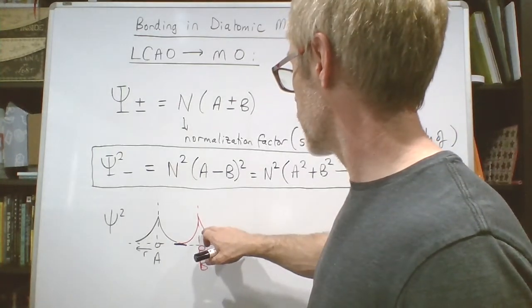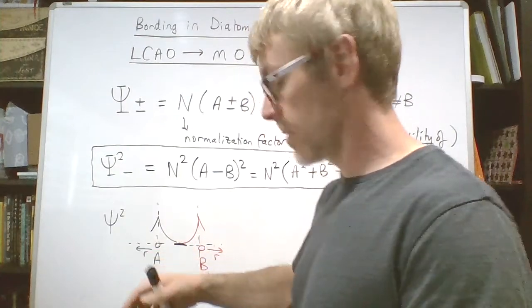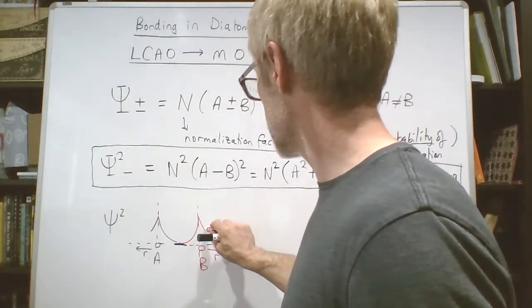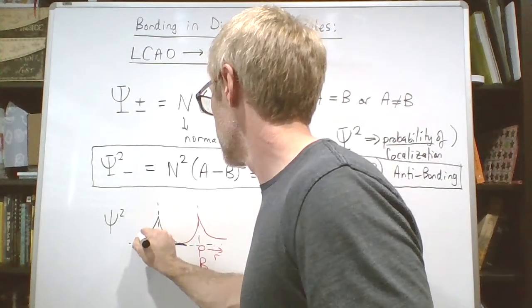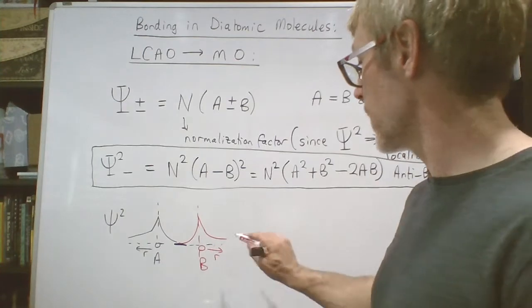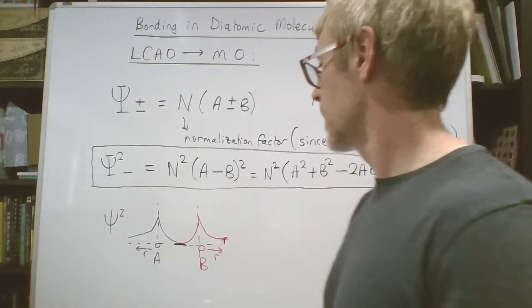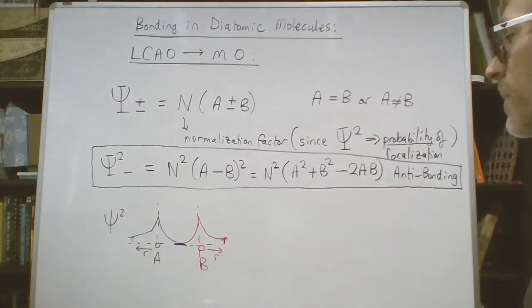And actually what I could do to make it look a little bit more realistic is slightly raise that up a bit, so that there is a positive value here and there is a positive value here.